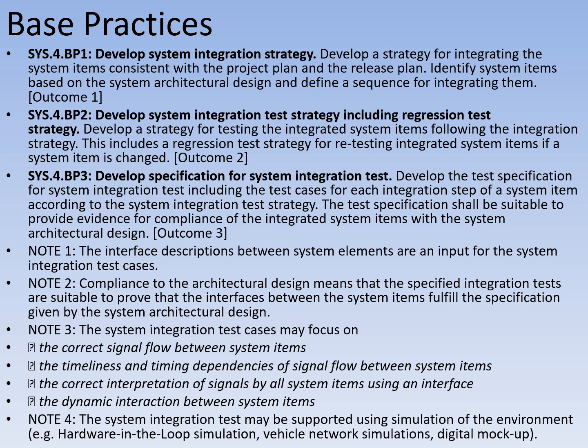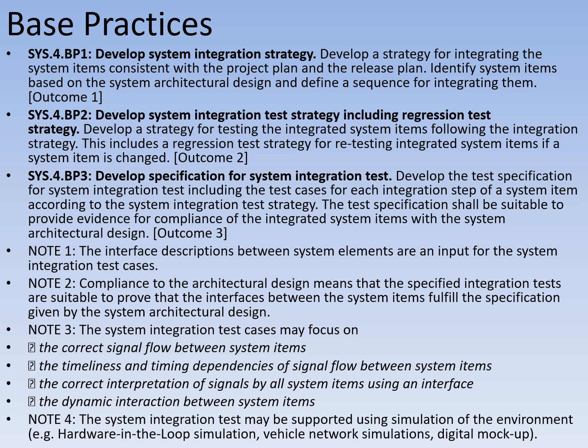The test specification shall be suitable to provide evidence for compliance of the integrated system items with the system architectural design. The interface descriptions between system elements are an input for the system integration test cases. These things I'll just read through; they are not exactly very important.